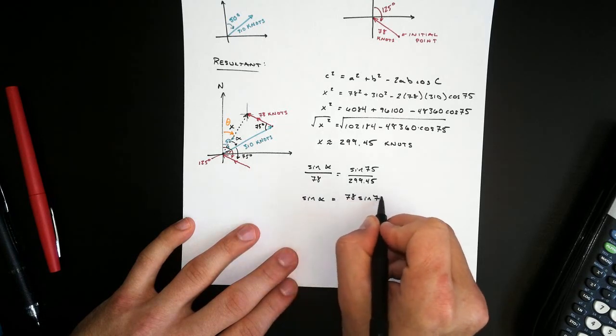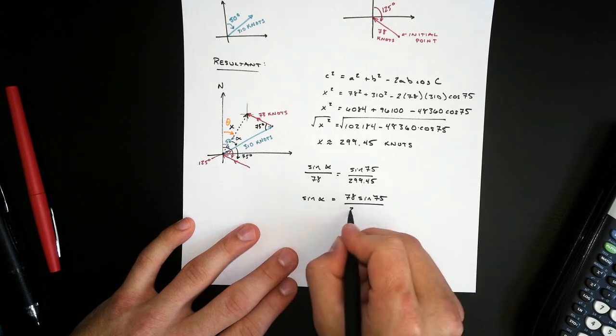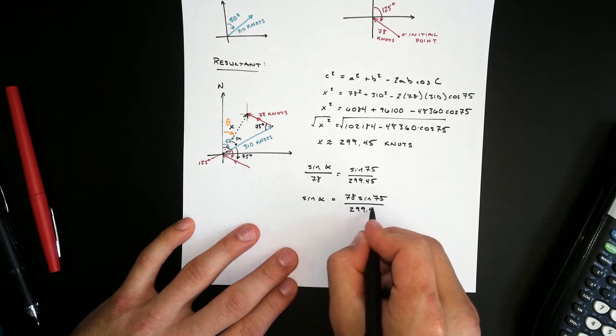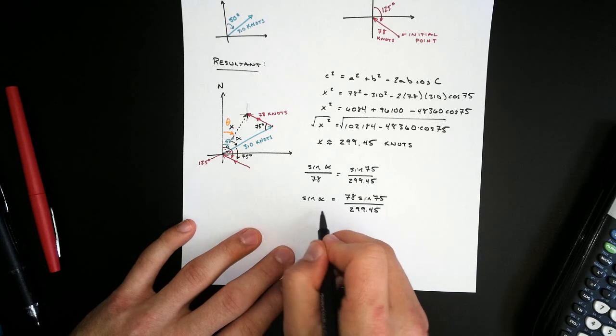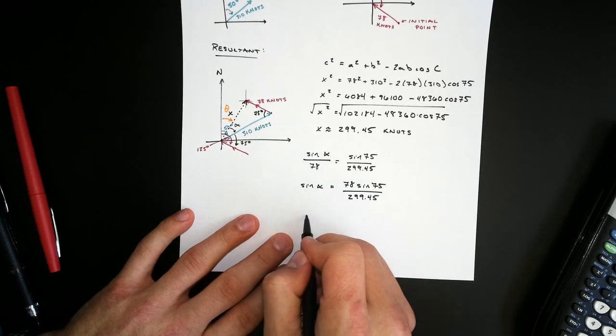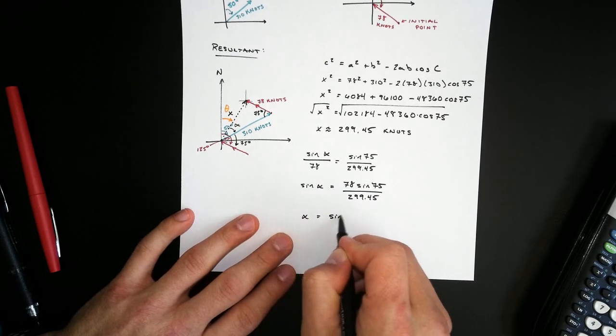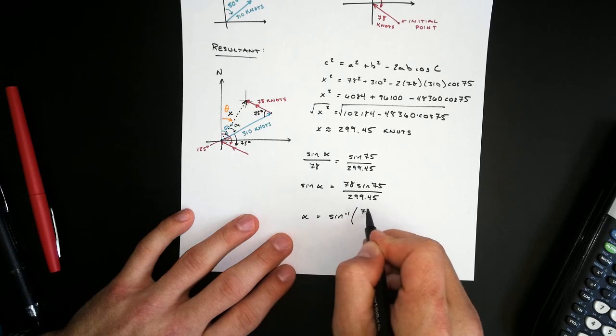Then solving this, multiplying both sides by 78, and then we need to use the inverse sine.